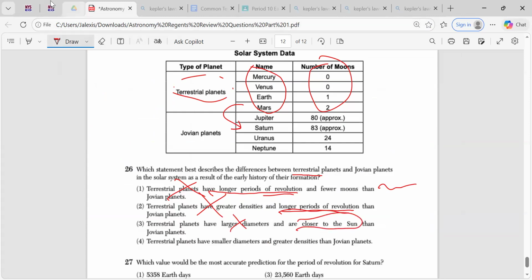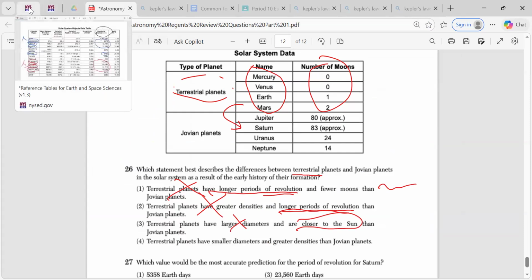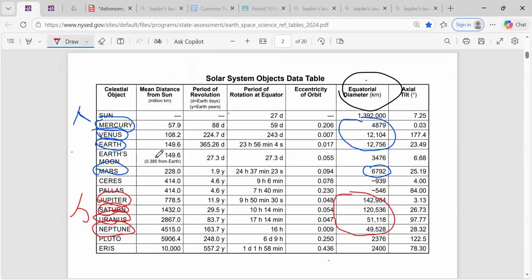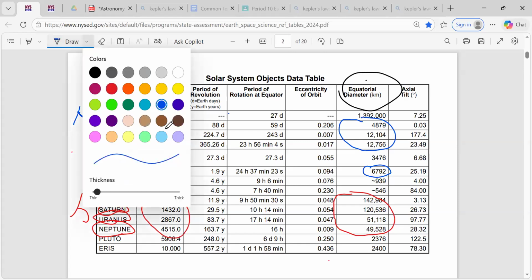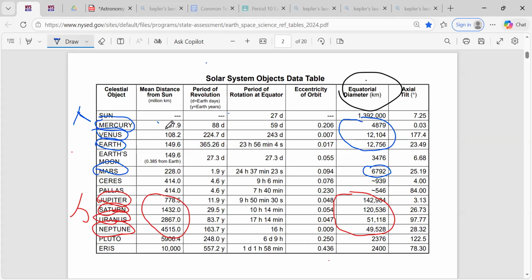We not only checked that, but also whether they're closer to the sun. Let's see if that's also true. Besides the Earth's moon, the celestial objects are listed in order of distance from the sun. Look at the distance from the sun for the Jovian planets, which I circled in red, and for the terrestrial planets, which I circled in blue.